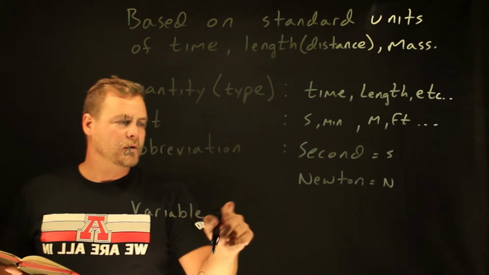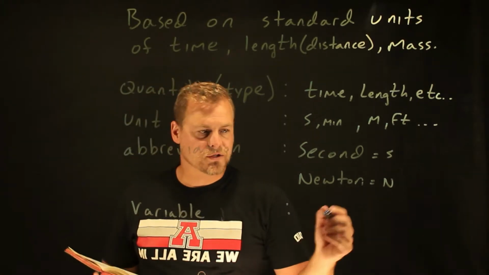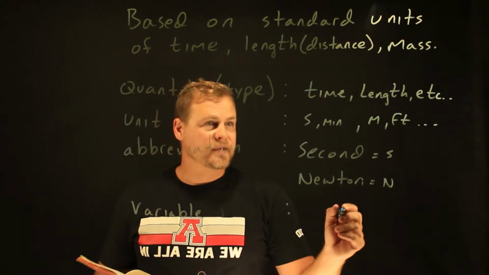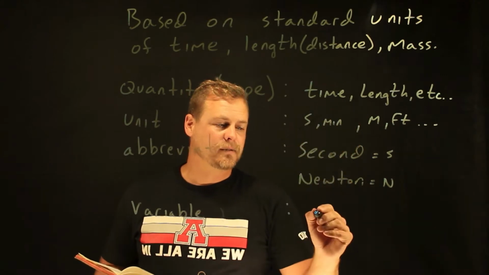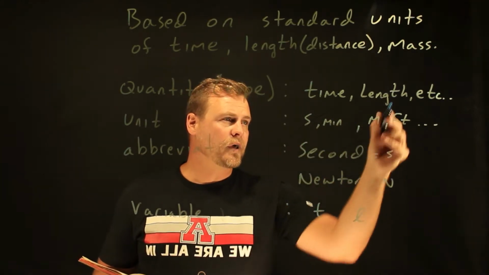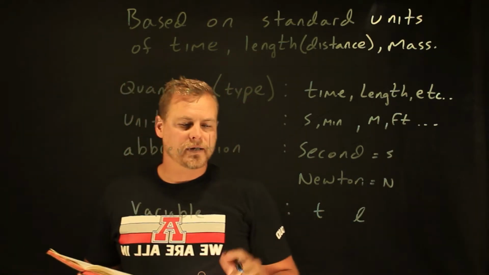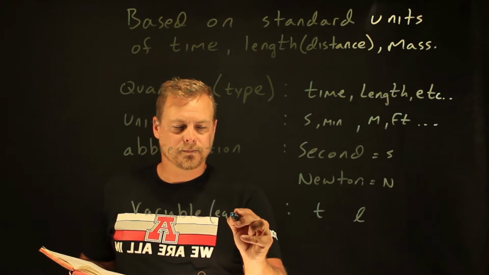The variable is how it looks in an equation. So this is T for time, or L for length, and so the variables are what you find in an equation.